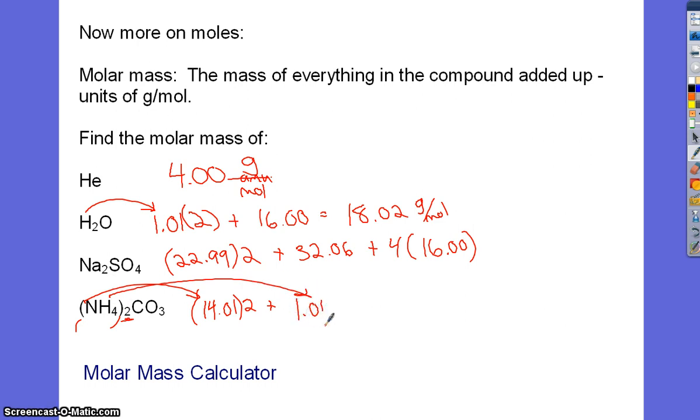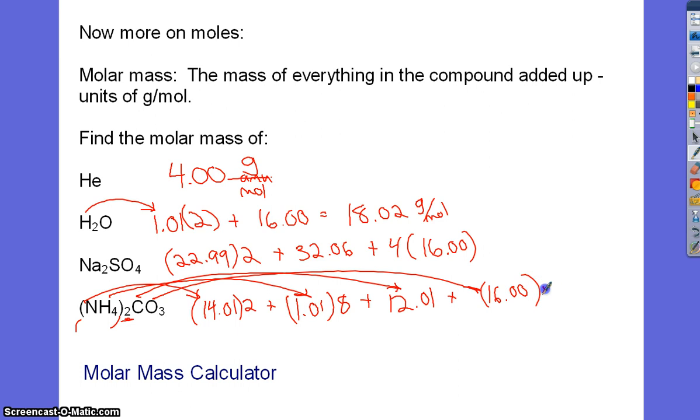There are 4 hydrogens inside the parentheses, and then there's 2 of the whole parentheses, so that is a total of 8 hydrogens in that compound. Plus carbon, just 1, 12.01. Plus the oxygen, there are 3 oxygens. Oxygen is 16.00 times 3. So you add that up and you'll get the molar mass.